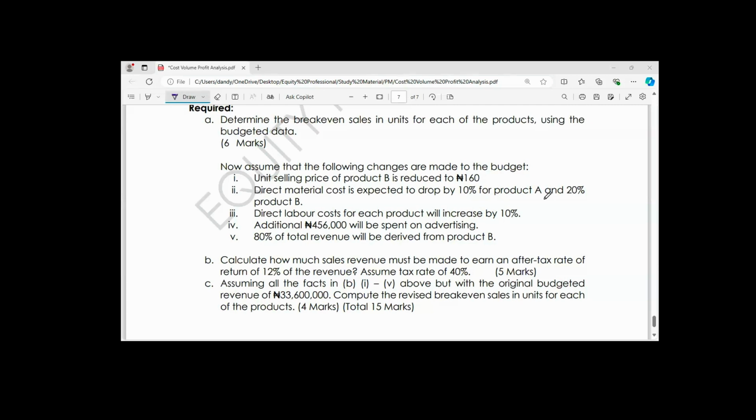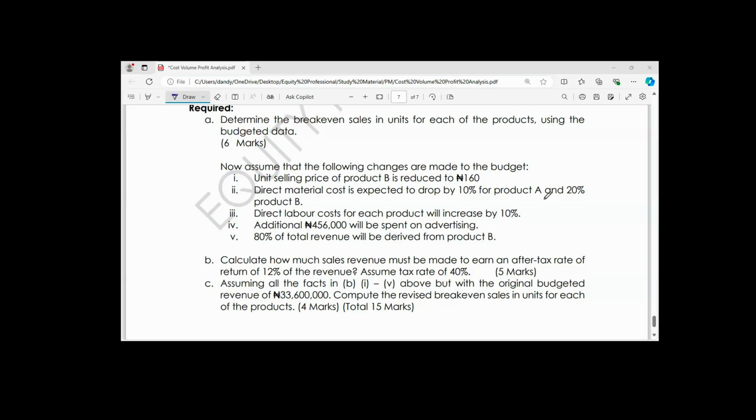IV, additional 456,000 will be spent on advertising. V, 80% of total revenue will be derived from product B. Then B, calculate how much sales revenue must be made to earn an after-tax rate of return of 12% of the revenue, assume a tax rate of 40%.